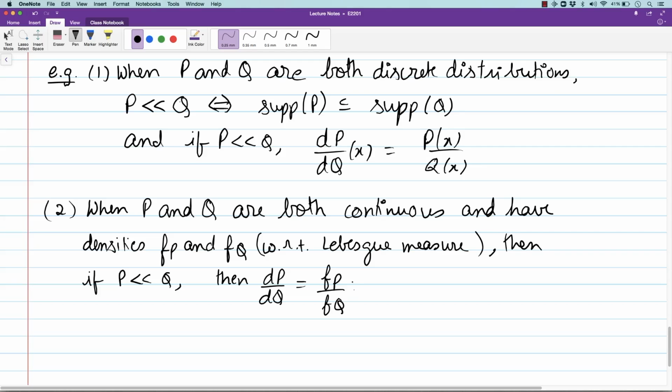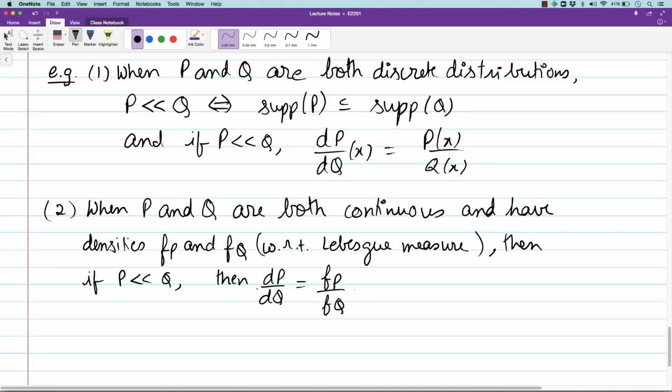So again, just like the discrete case, the Radon-Nikodym derivative is just the ratio of densities. And indeed, if you multiply with this ratio, you can convert a probability calculated with respect to P to a probability calculation with respect to Q.